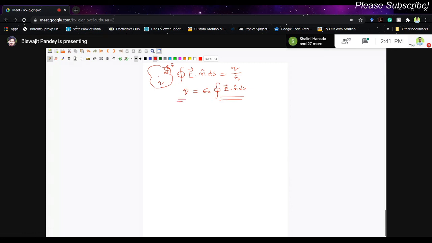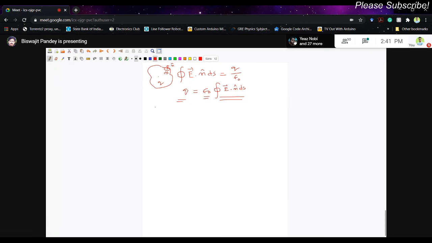This is a constant, so I don't need to bother about it. Depending on the kind of surface, we have to calculate the flux. How then is this satisfied? In order to have the same charge, you must have the same flux.